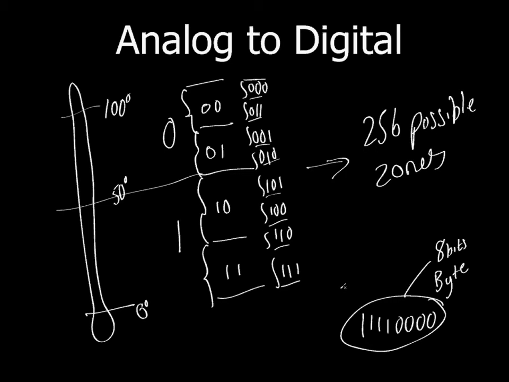The more bits or bytes of data, the more accurate the thermometer can be made. This, however, still loses data, and it's not as accurate as this analog version here. Digital will never be as accurate as analog. So if we consider this again, using an example of replicating sunlight levels using a digital light sensor.